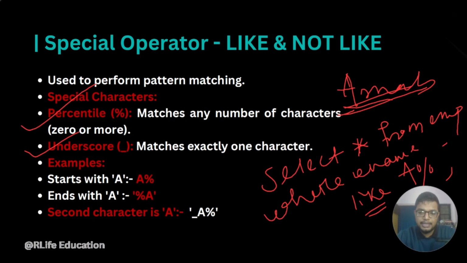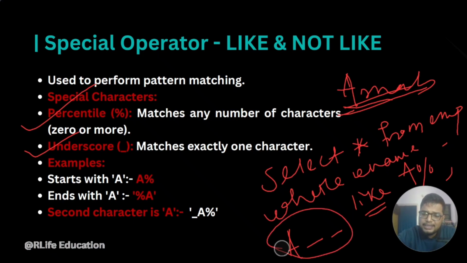But in this case, if I provide it like a followed by two underscores, it's gonna check if the name is starting with a, but it must have 3 characters in that name. Let us assume the person name is ABC. Underscore means it is exactly one character.